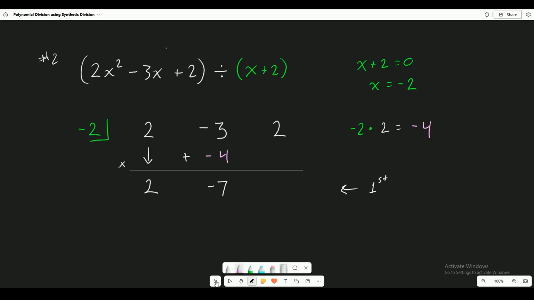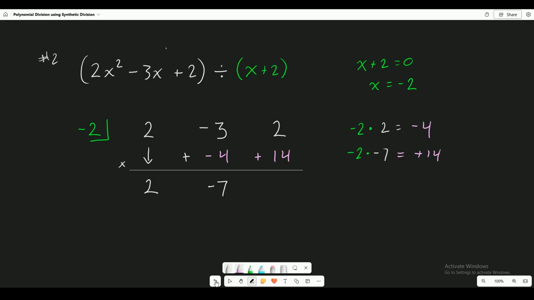So the next one we're going to do, let me get rid of this little note, is -2 times -7, and that equals +14, right? So we get 14 right there, and we're going to add it. I'm not adding it because it's positive. You just add it no matter what. Notice I added a -4, so I'm adding a +14 just because my result is positive.